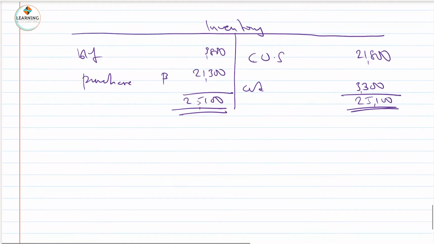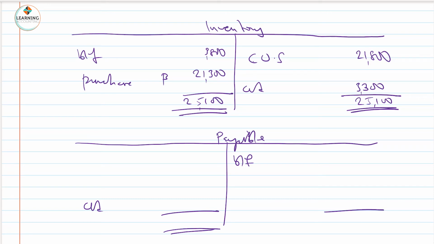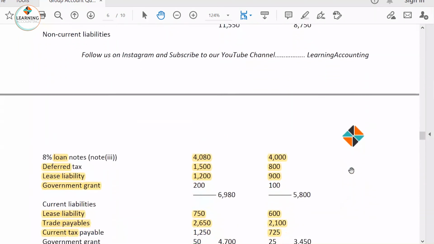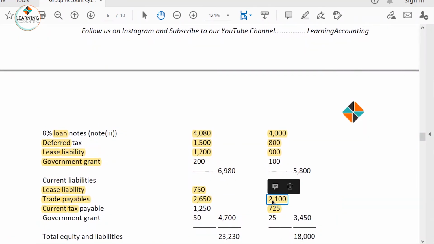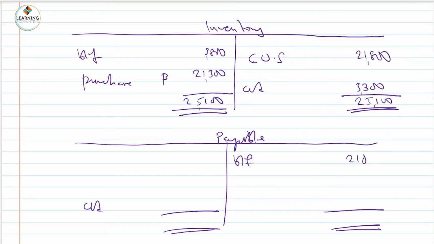Now, of course, we need the purchase information in the calculation of payable. For the payable, we have the BF starting here and the CD in this side. So payable, what do we have as figures there? 2,001 and 2,650. Corresponding entry for purchase that I've calculated is 21,300.